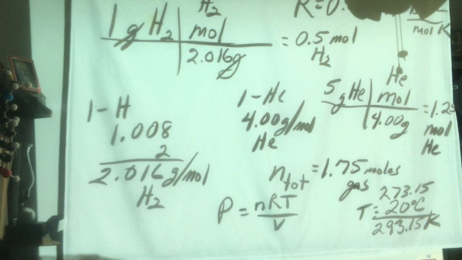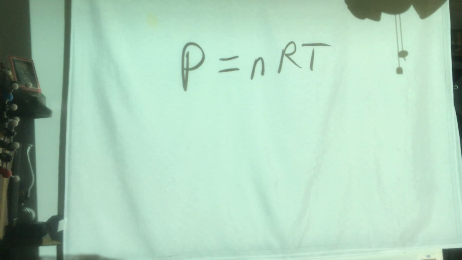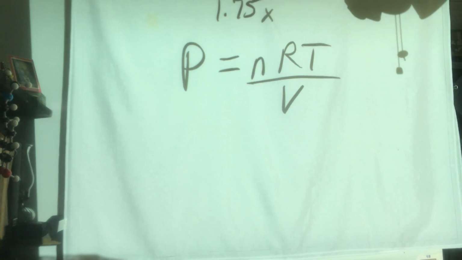Alright, so we're going to the last page. And we're going to put pressure equals nRT over V. We have 1.75 moles of gas times the gas constant.